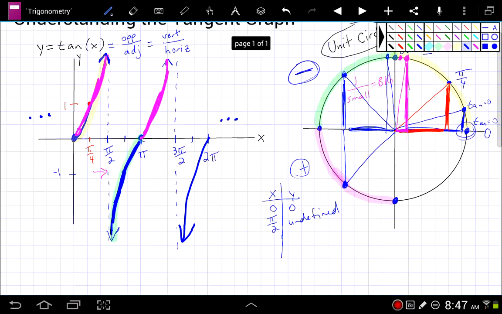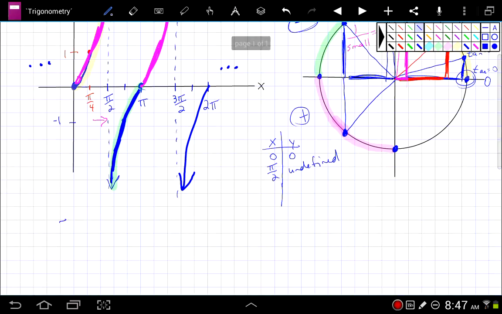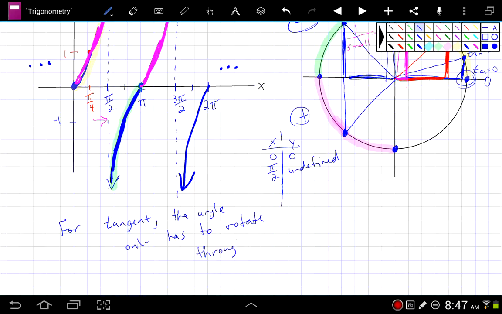So what we realize from this is that for tangent, the angle only has to rotate through pi radians for one complete cycle.